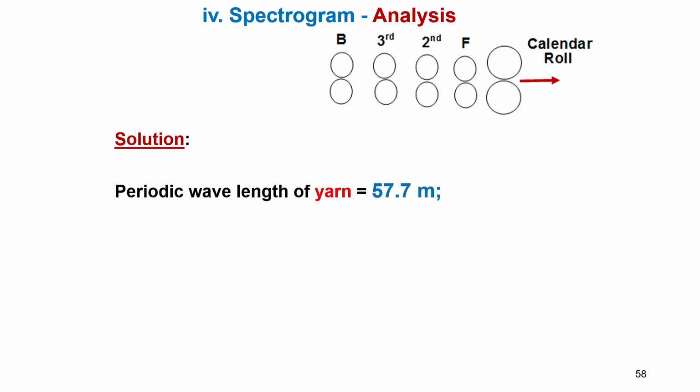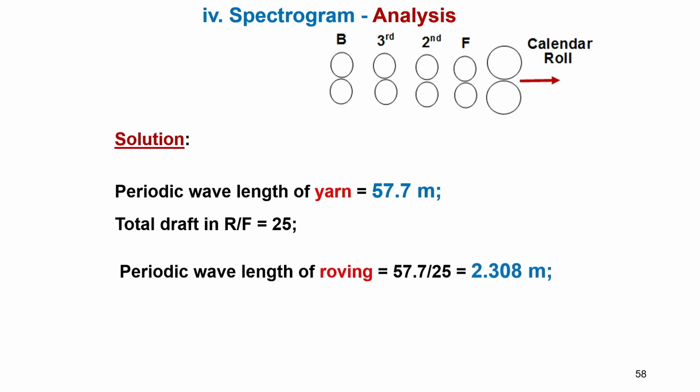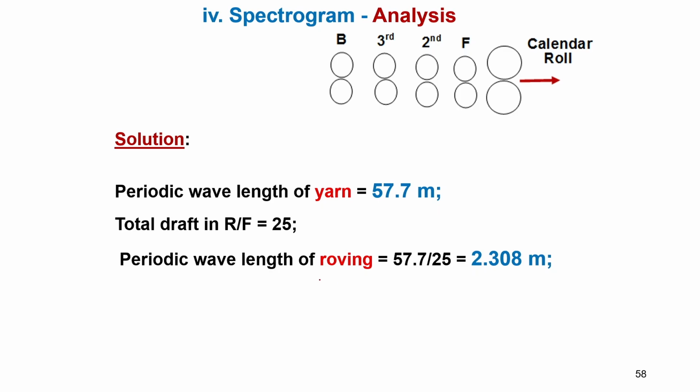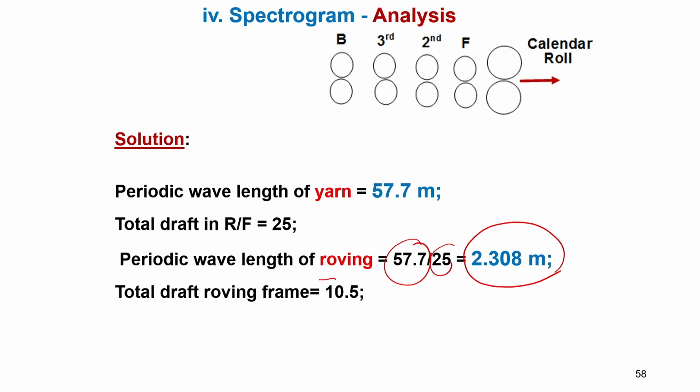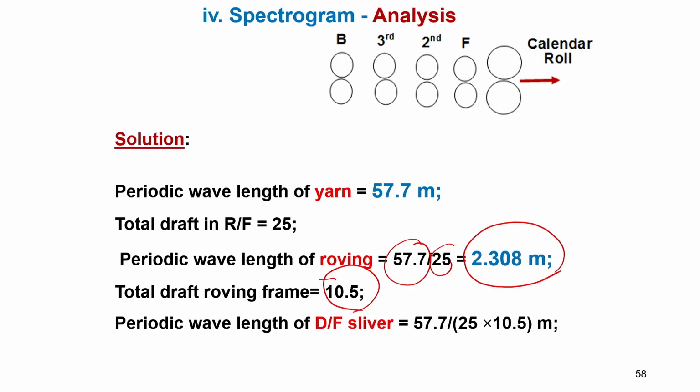Periodic wavelength is 57.7 meter, and the total draft in the ring frame is 25, so the periodic wavelength of the roving is 57.7 by 25, which is 2.308. Then the total draft in the roving frame is 10.5, so the periodic wavelength of the sliver produced is 57.7 divided by 25 into 10.5, which is equal to 219.8 millimeter.